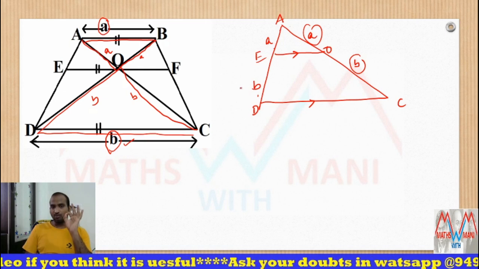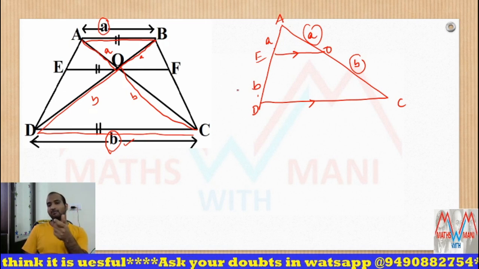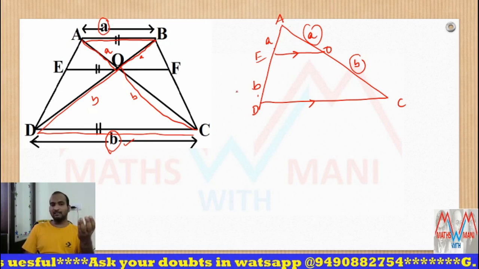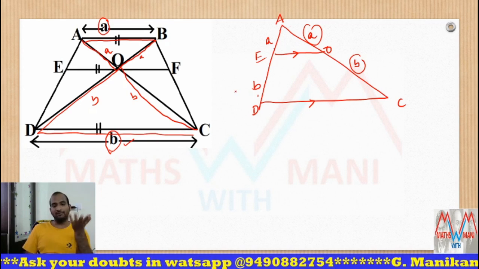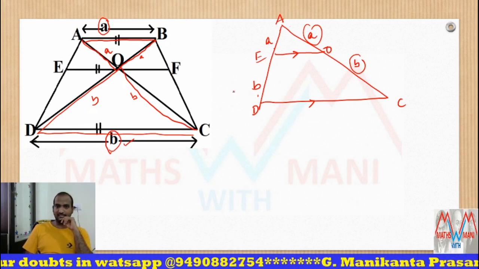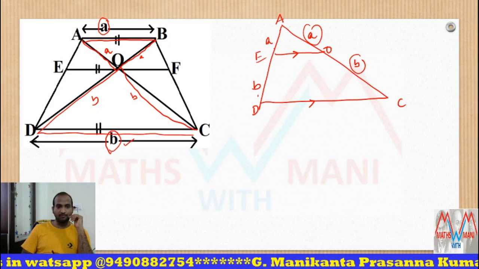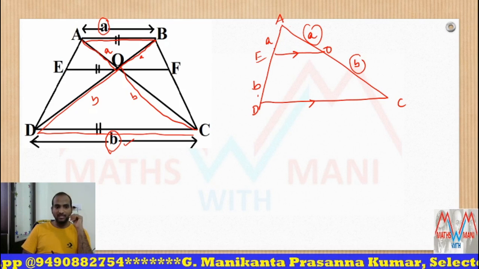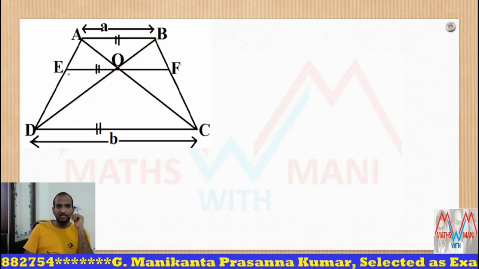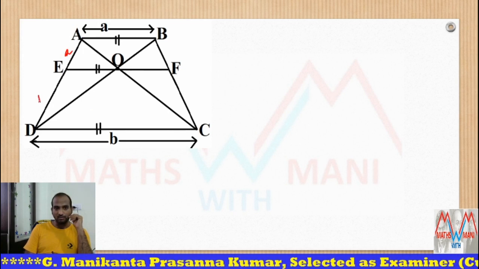That is the only thing you have to write down from this. If I know that, then I can easily find the value of EF. So what is the ratio of AE is to ED? a is to b.